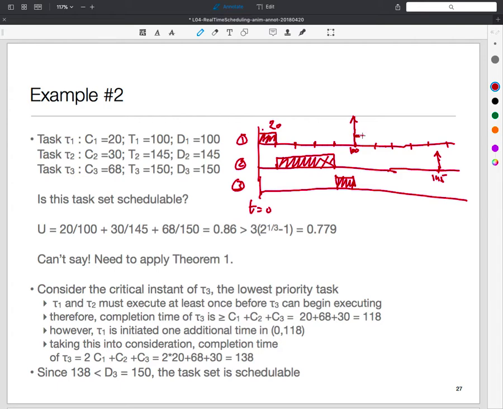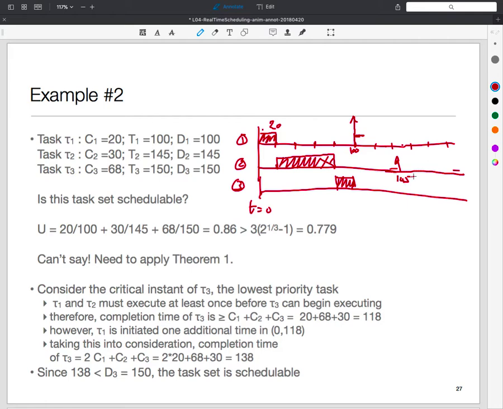And task 1 is, actually I messed it up here, right? I drew 145 in. 145 is somewhere here.